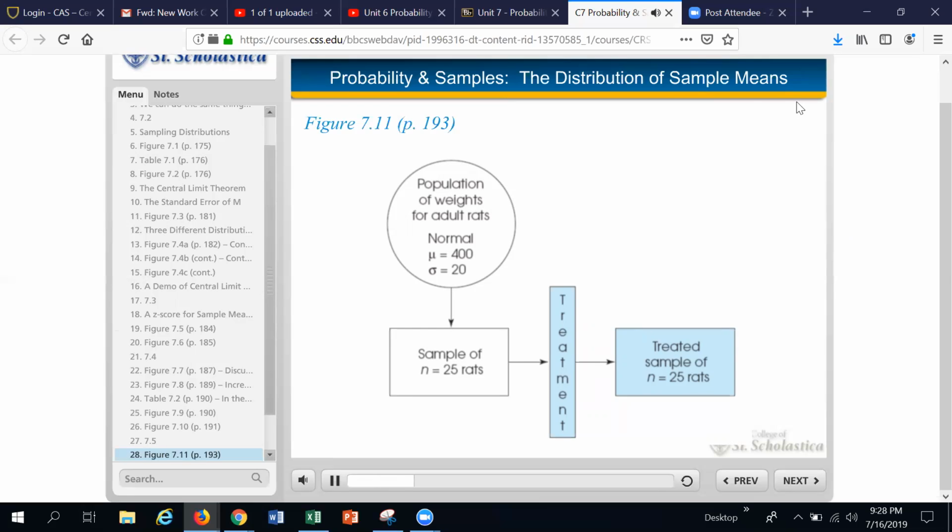Back in Chapter 6, we learned that 95% of scores fall between z-scores of positive 1.96 and negative 1.96. In other words, 95% of all scores would be expected to be 1.96 standard deviations above or 1.96 standard deviations below the mean. The same concept can be applied to the distribution of sample means.